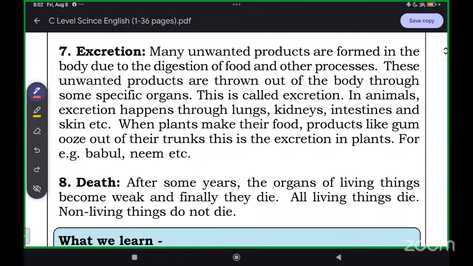Whereas in animals, we have an excretory system through which our waste is pushed out of our body, the remaining food after the body absorbs all of the nutrients, minerals, and vitamins.